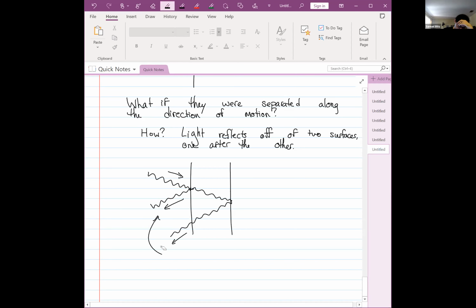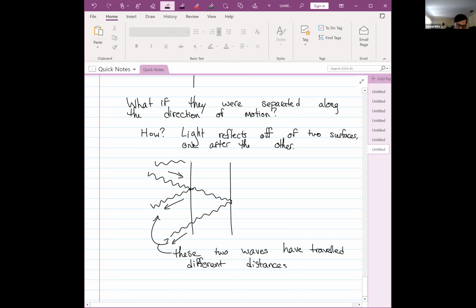So these two waves have traveled different distances. And we're imagining that this is just a way to visualize them being stacked on top of each other. They actually are aligned with each other.